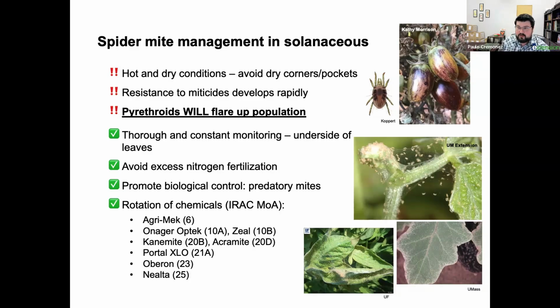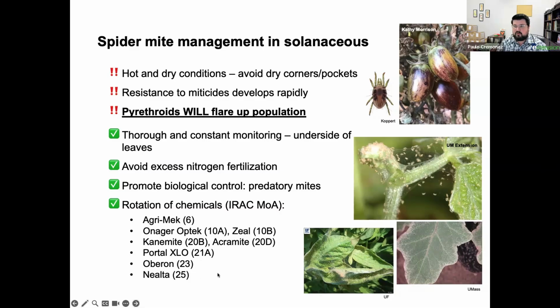Promote biological control. There are available options for introduction of predatory mites, but they are usually in the field doing their service as well. And for rotation of chemicals, there are plenty of miticide options like Agrimec, Onager, Optec, Zeal, Ketamite, and Acromite. They're all from different chemical mode of action.